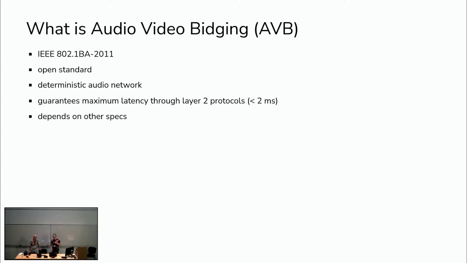One time we had audio dropouts because one of the clients sent too many OSC messages, and this wouldn't happen in AVB. I'll get to why later. It guarantees a maximum latency of 2 milliseconds. Usually it's much lower.